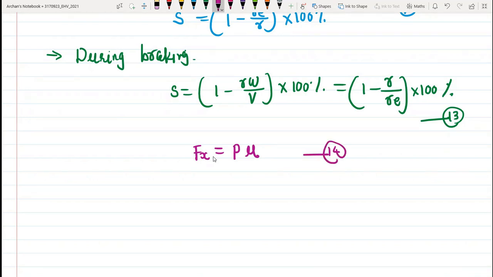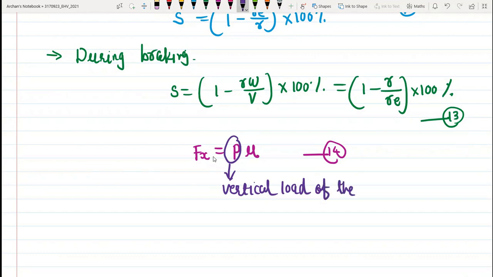Here P is the vertical load of the tire, and mu, as we know, is the tractive effort coefficient.